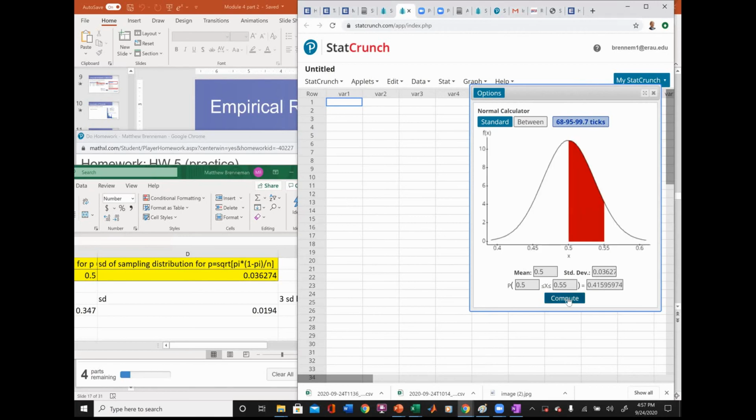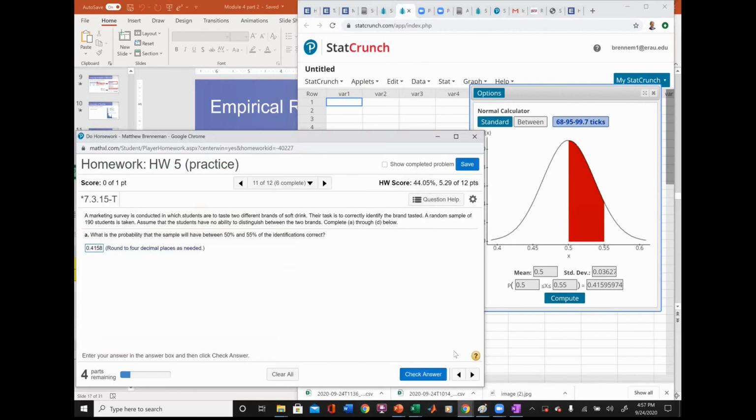Shouldn't be that sensitive. Let me see. Yeah, it actually affected it. So word to the wise: you might want to put in your standard deviation to more than 4 decimal places. That's what got me. I put the standard deviation in to 4 places, so you might want to take it out to 6. Okay.